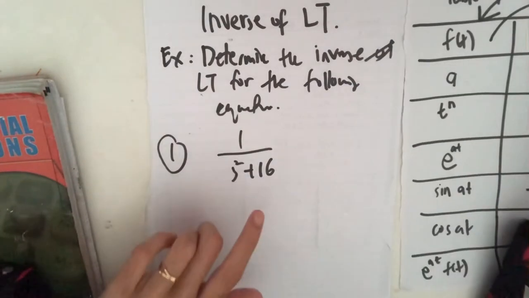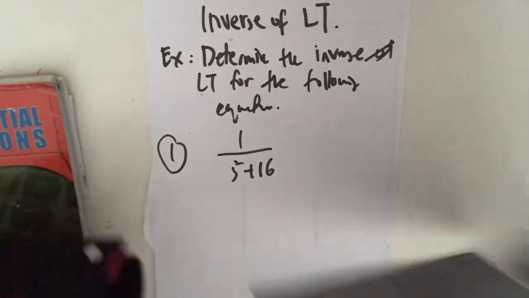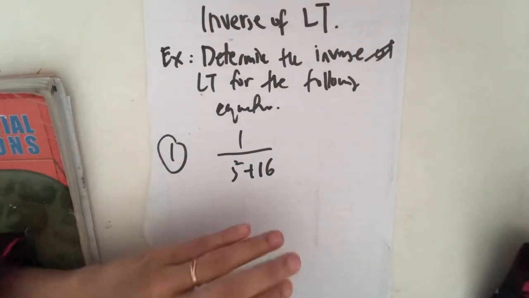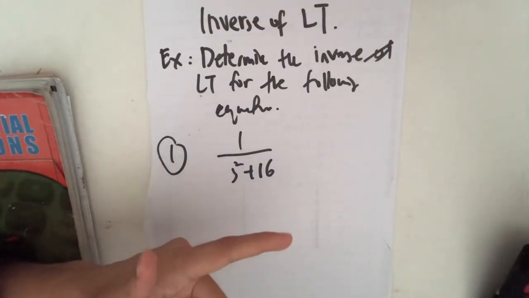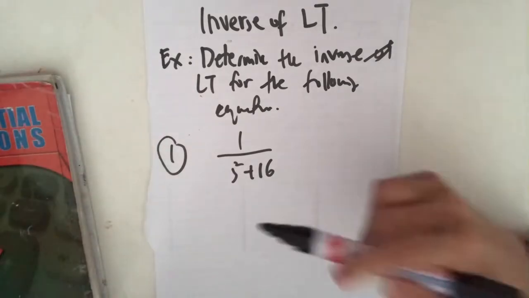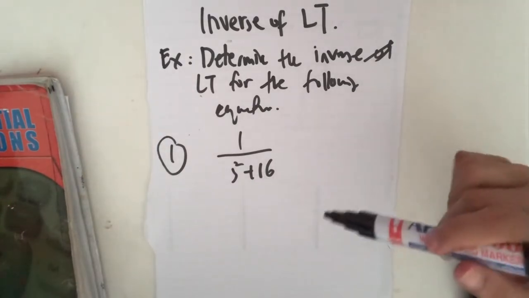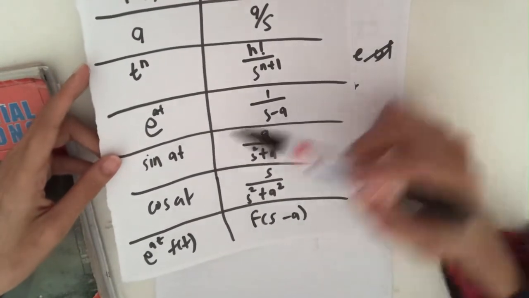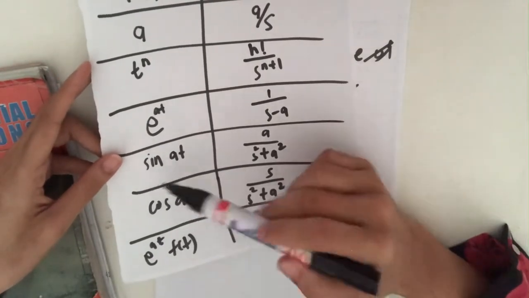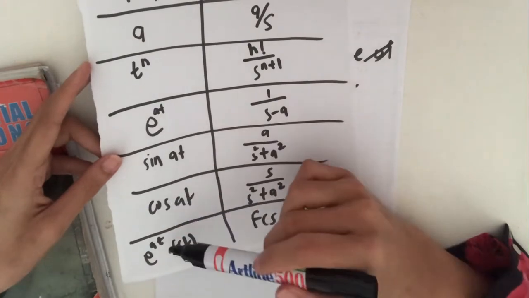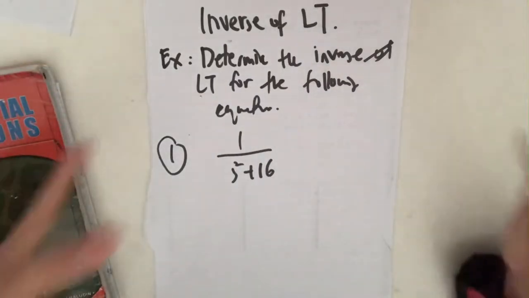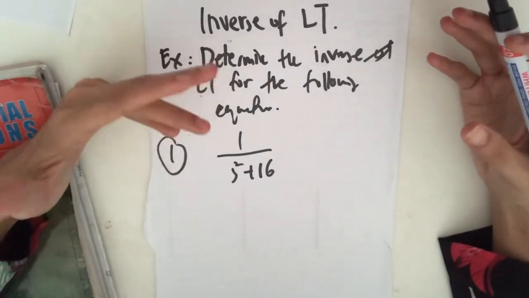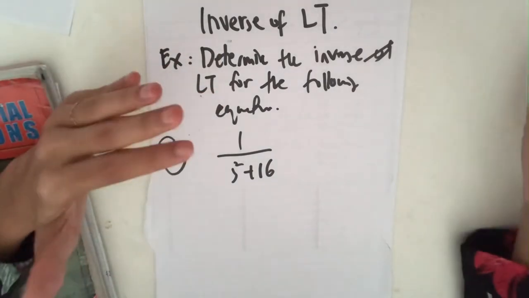So for 1 over s square plus 16, s square plus 16 means it must be either cos or sin, just these two, where the denominator is s square. If you refer to the table, it is between these two, either sin or cos. So we already narrowed our scope.